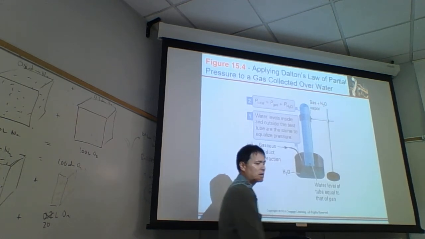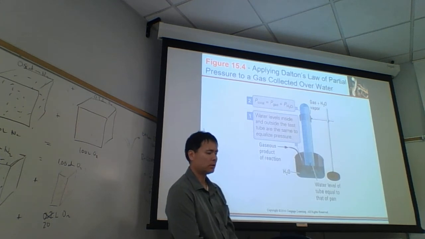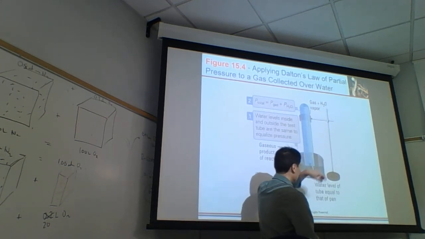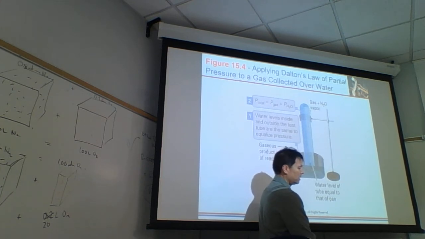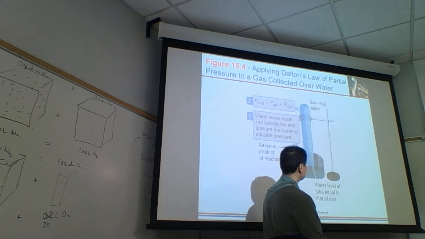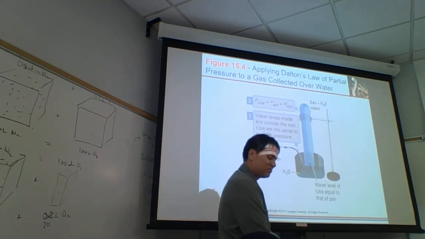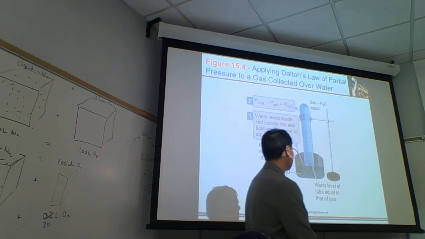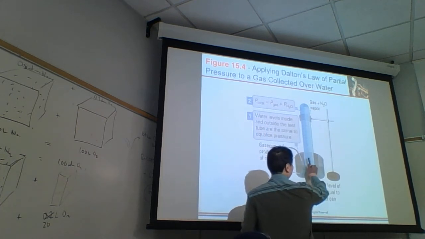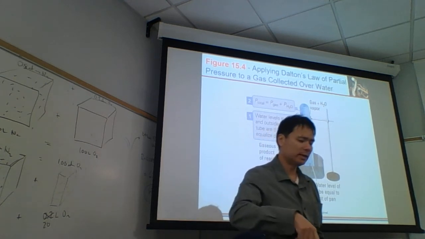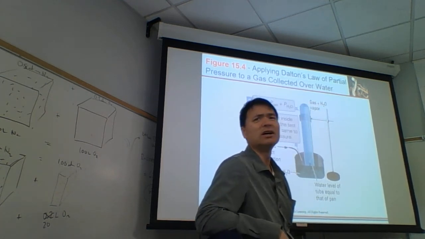Now 100% saturated depends on the temperature. The higher the temperature, the more water evaporates and the more humid the air can become. At lower temperatures, the less water evaporates and the less humid. But it doesn't matter what the temperature is, as long as this has been sealed here, it's going to be 100% relative humidity inside that container.